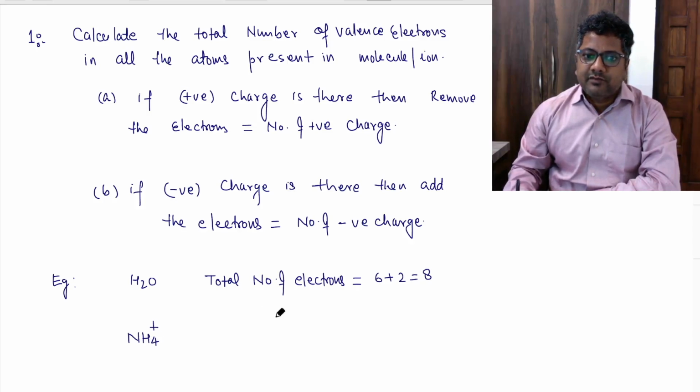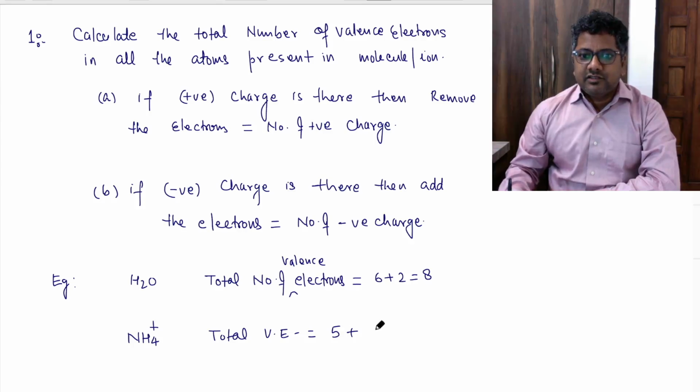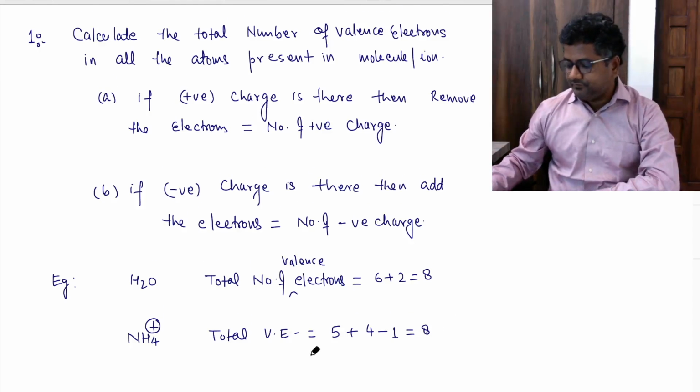So the total valence electrons is 5 in the case of nitrogen, plus 1 in the case of hydrogen. So 4 into 1 is 4, and 1 positive charge is there, so minus 1. So you have a total of 8 electrons, right?